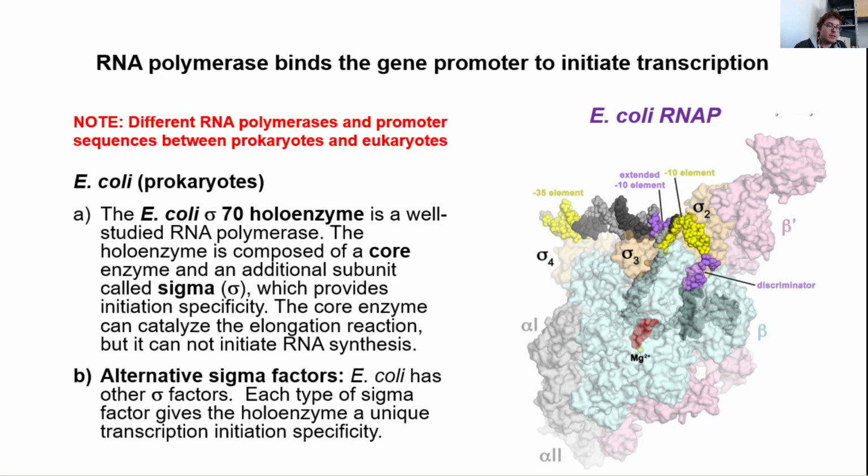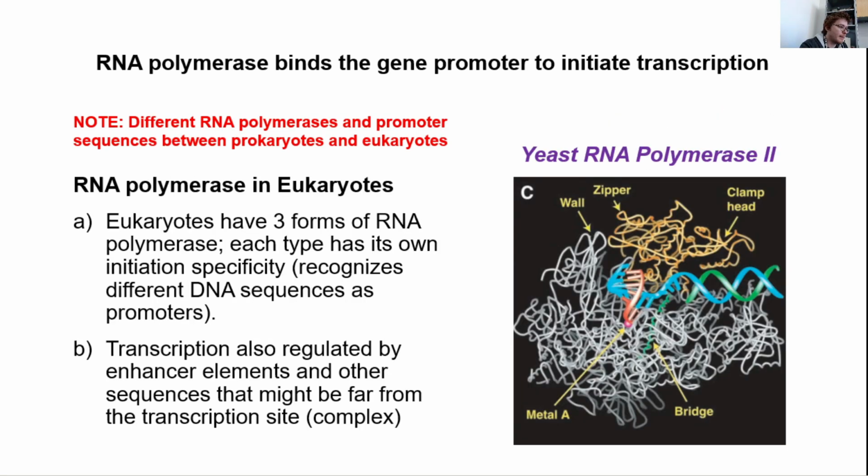And so each sigma factor that a bacterium or prokaryote has directs the RNAP, the RNA polymerase machinery, to different transcription initiation sites. But in general, you have this nice clean thing where sigma factors specify where to go, and then the rest of the RNA polymerase is the same.